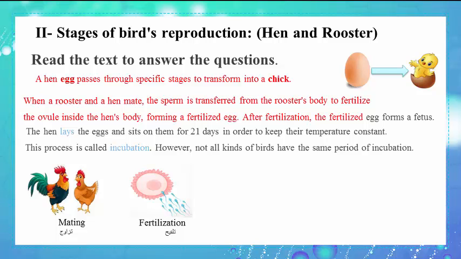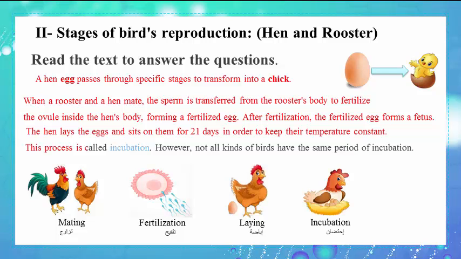After fertilization, the fertilized egg forms a fetus. The hen lays the eggs and sits on them for 21 days in order to keep their temperature constant. This process is called incubation.